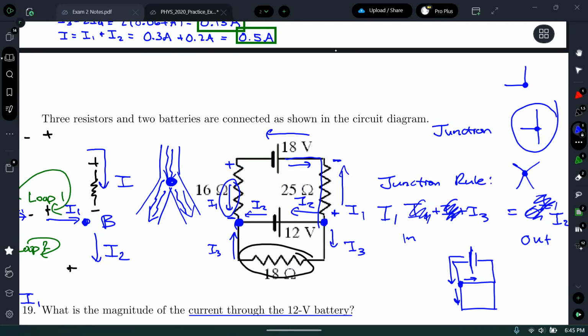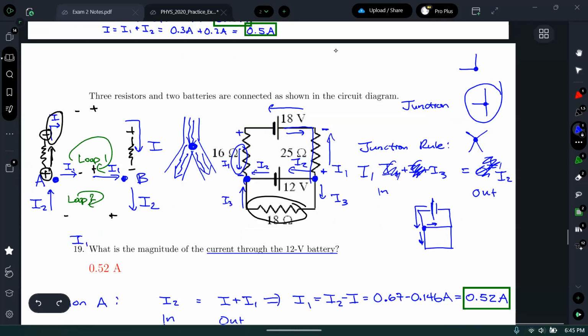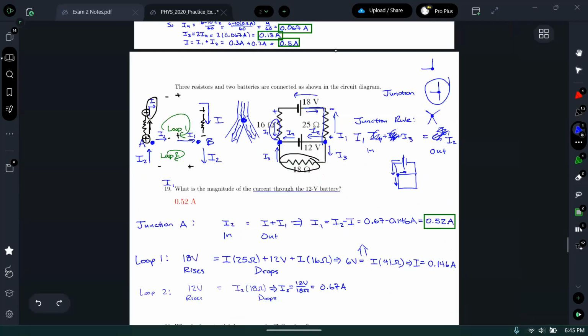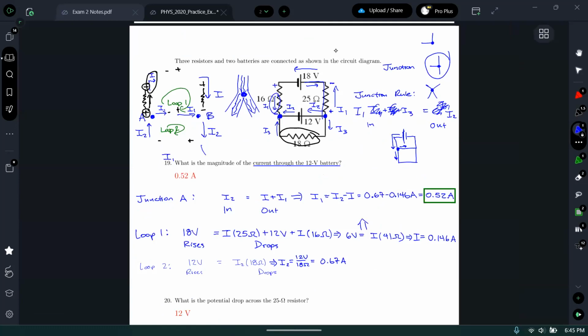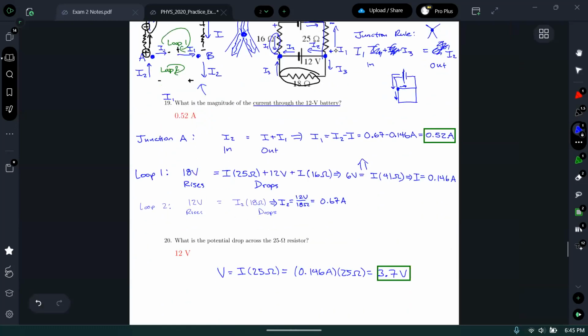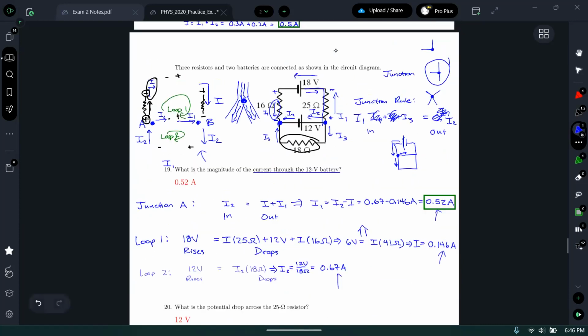So I guess what I really want to stress here is the way I did it originally is what led me to currents of 0.52 amps, 0.146 amps, and 0.67 amps. So I got them all positive at the end of the day. Say I had drawn just one current differently than I did in my original solution.